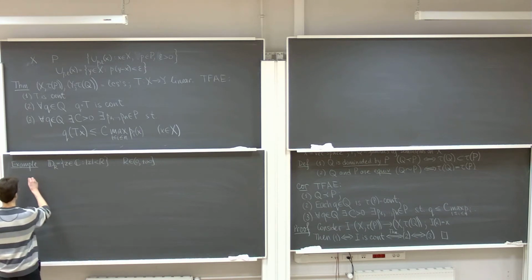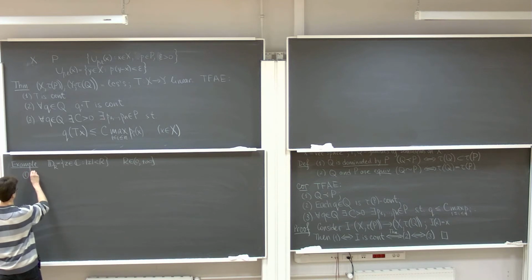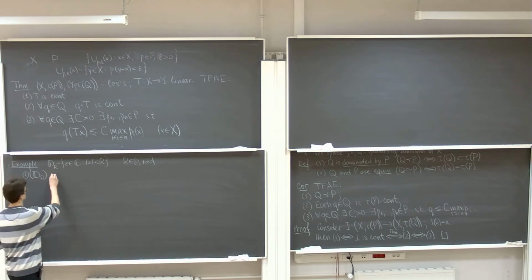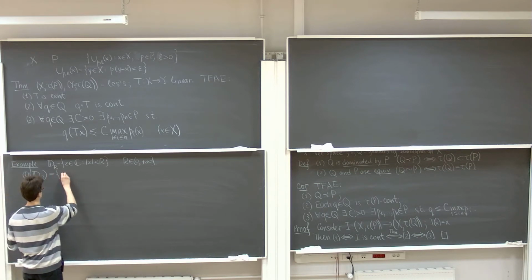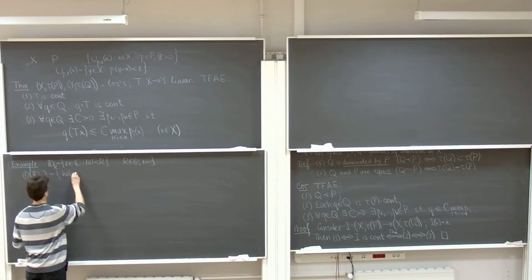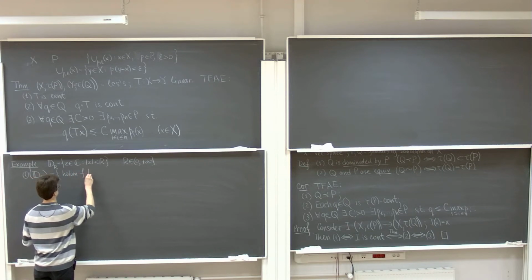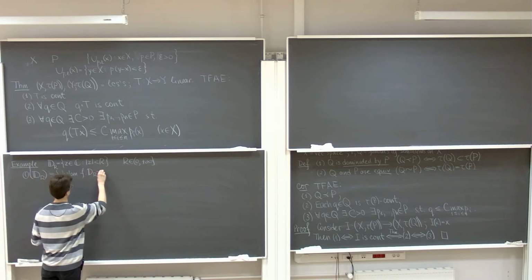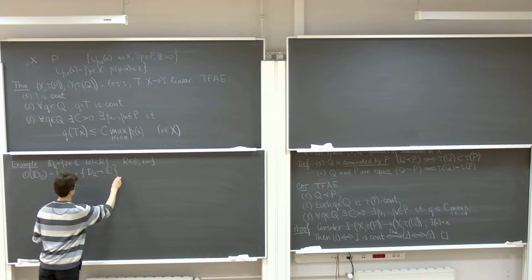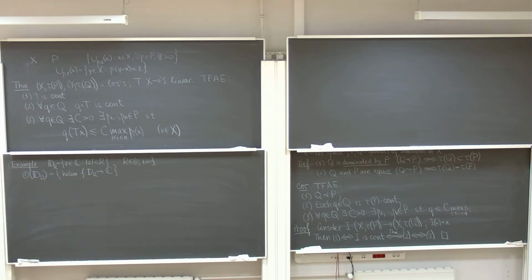And we consider the space of all holomorphic functions on this disk, and we denote it by script O of D_R. And let's consider the following two families of seminorms on this space.